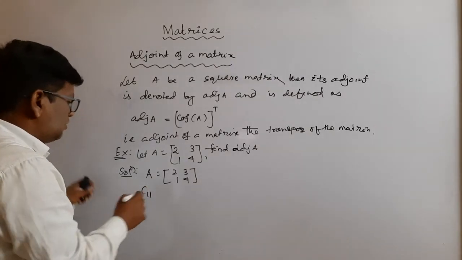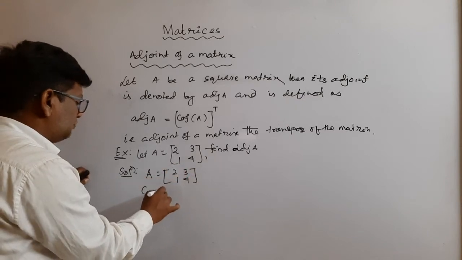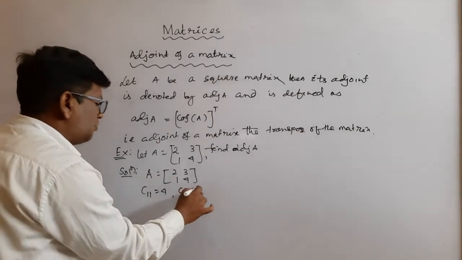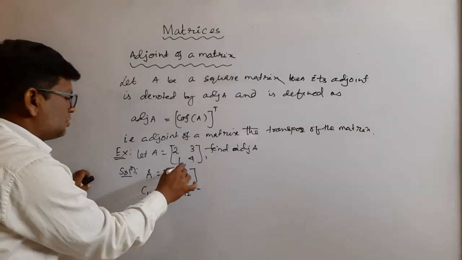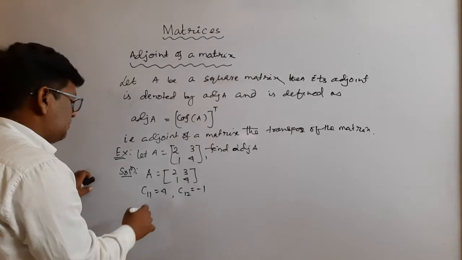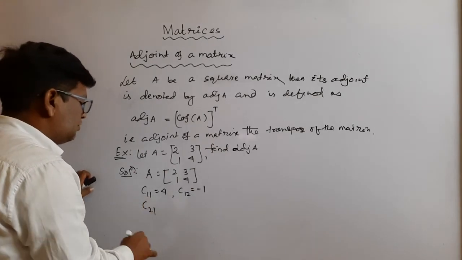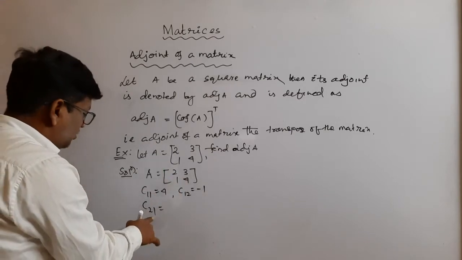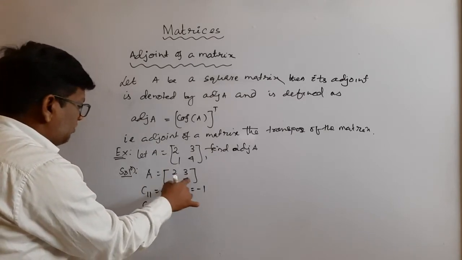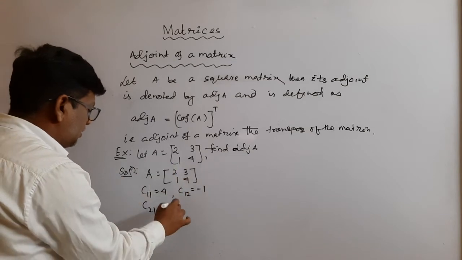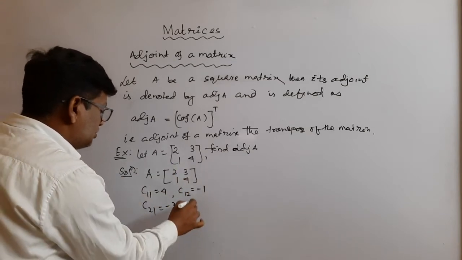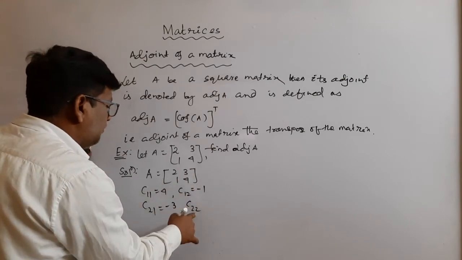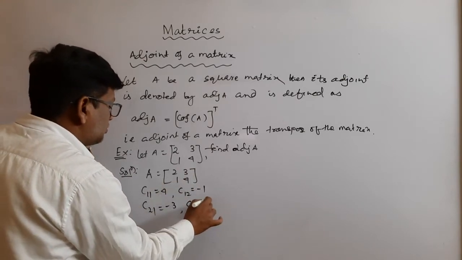Now find the cofactors. C11, delete this row and column, so 4. C12, the position is odd so we put minus, first row second column deleted, so -1. C21, second row first column is odd, so add minus, so -3. And C22, plus, it is even, so this is equal to 2.